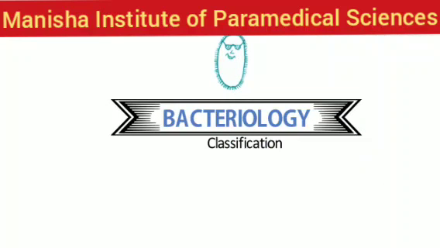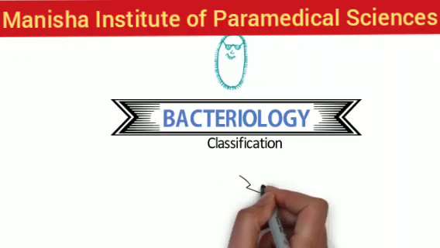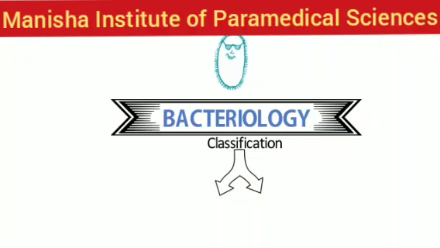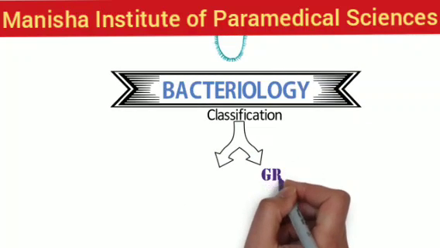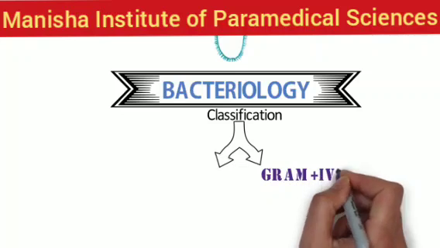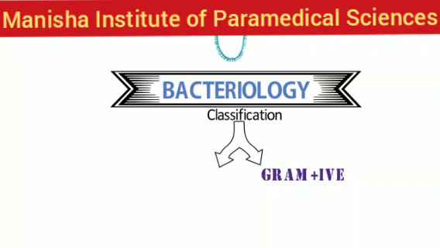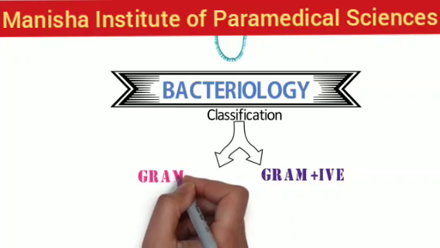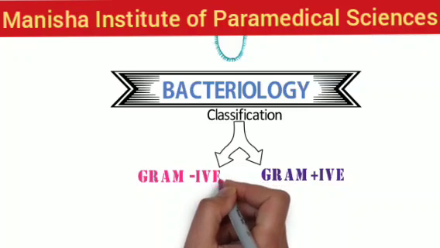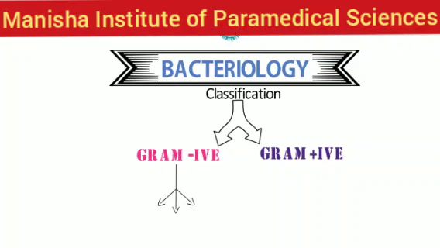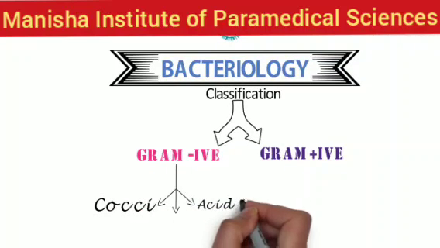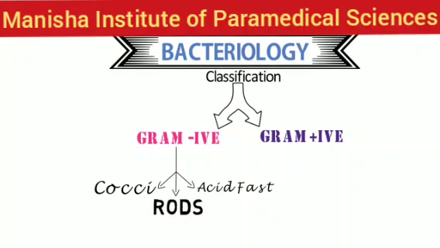So we describe the general classification and put Pseudomonas aeruginosa in it. We broadly divide bacteria into gram-positive and gram-negative bacteria. We further divide gram-negative bacteria into gram-negative cocci, gram-negative rods, and acid-fast bacteria.